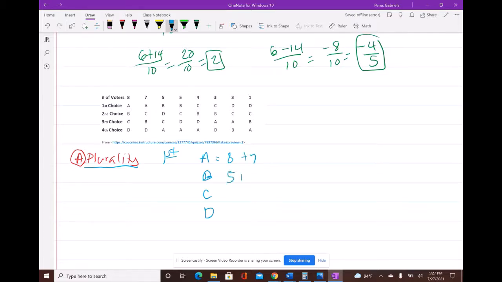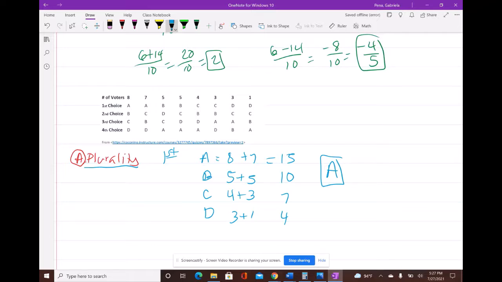B has 5, then 5. C has 4, then 3. D has, then we add them and we have 15, 10, 7, and 4. Who has the most? A. So then my answer is A for that one.